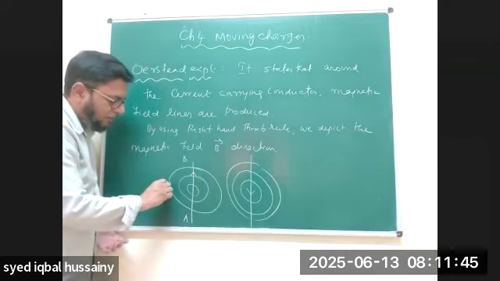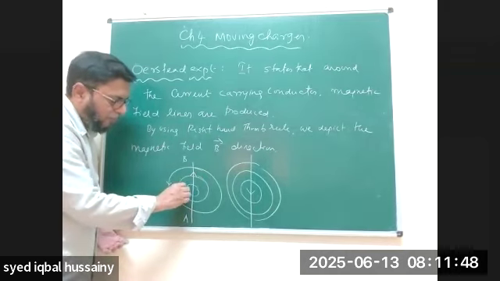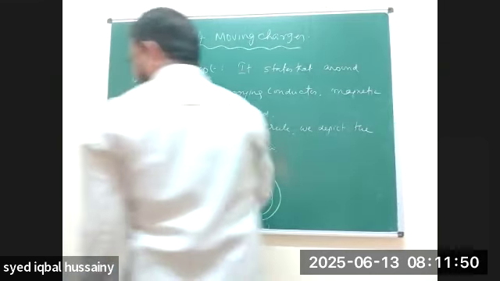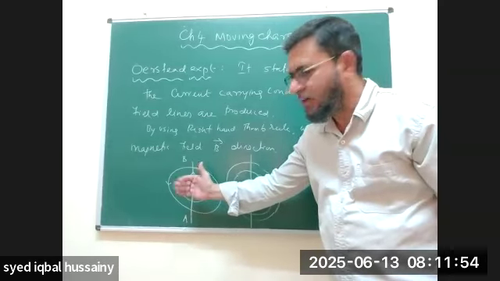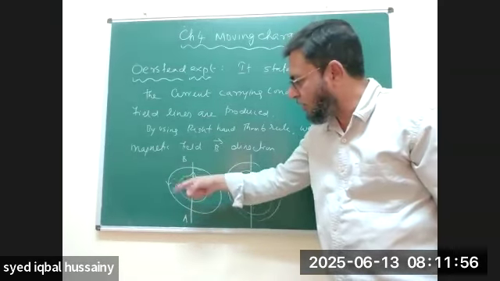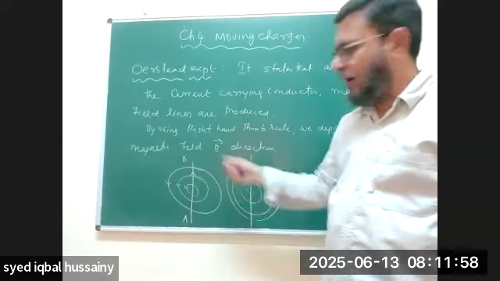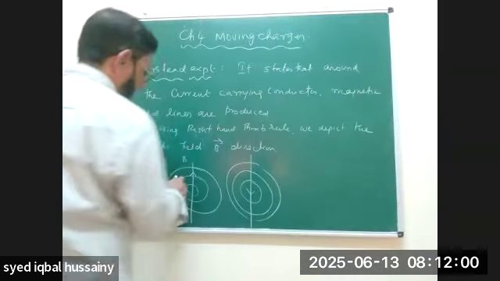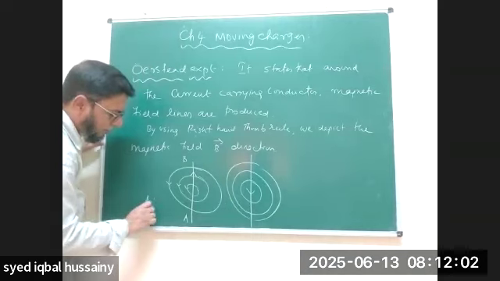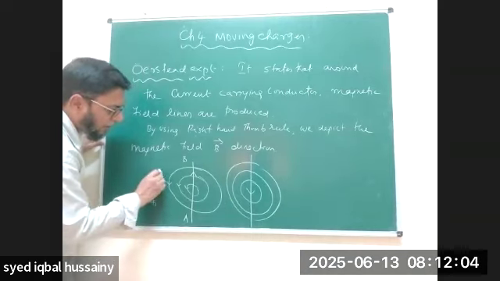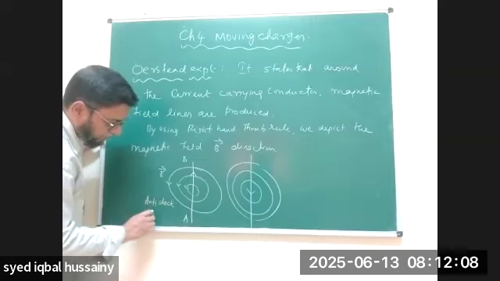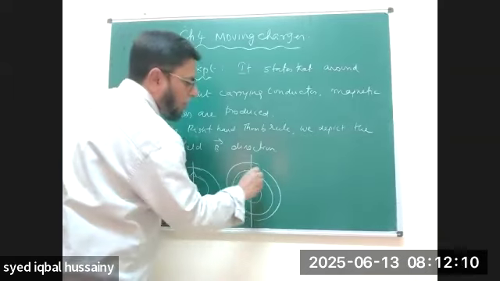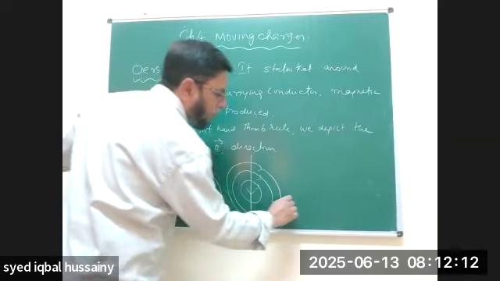The current is moving upward and my four fingers are coming towards you, so it moves like this. This is called the anti-clockwise direction. And the other is the clockwise direction.